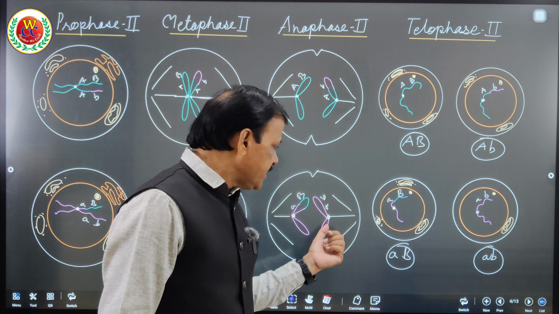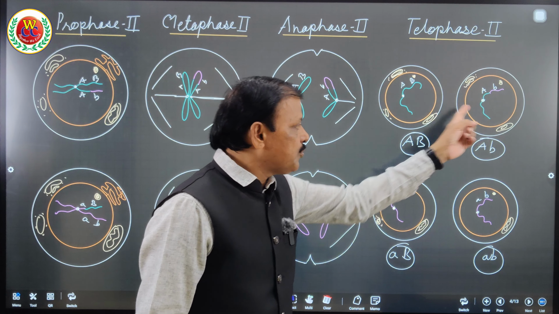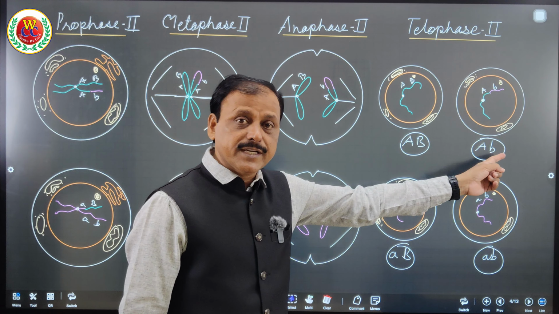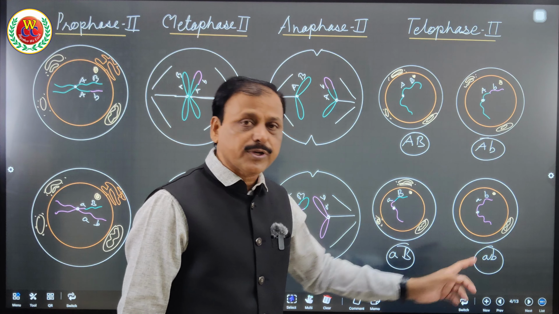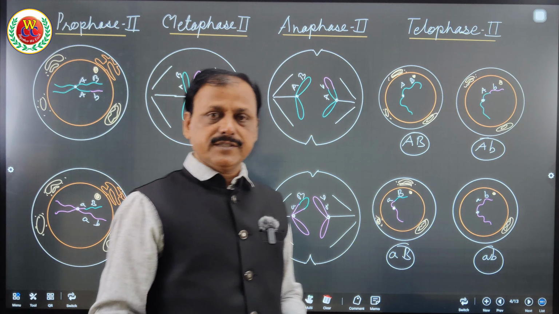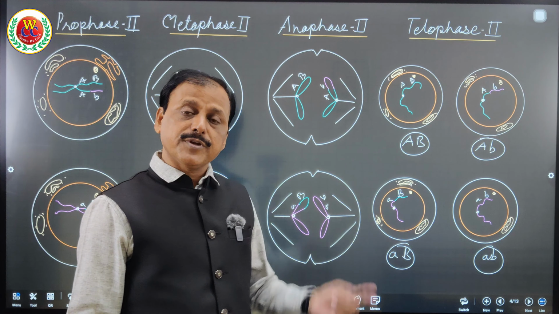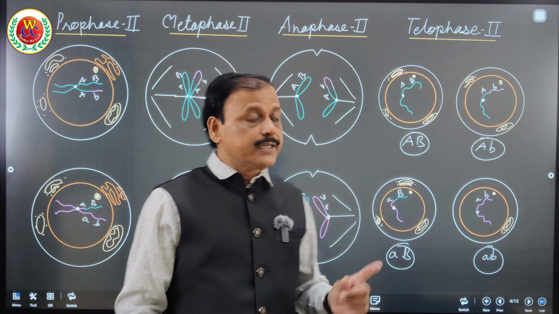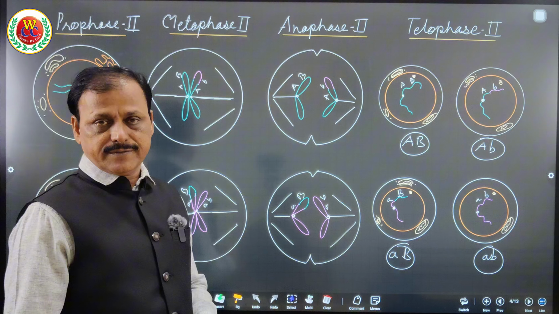So the 4th cell has the combination small a small b. So 4 gametes are produced with 4 types of combinations: capital AB, capital A small b, small a capital B, and small a small b. Thus 4 types of haploid cells, gametes, are produced from the diploid cell that underwent meiosis 1. Thus meiosis is completed.